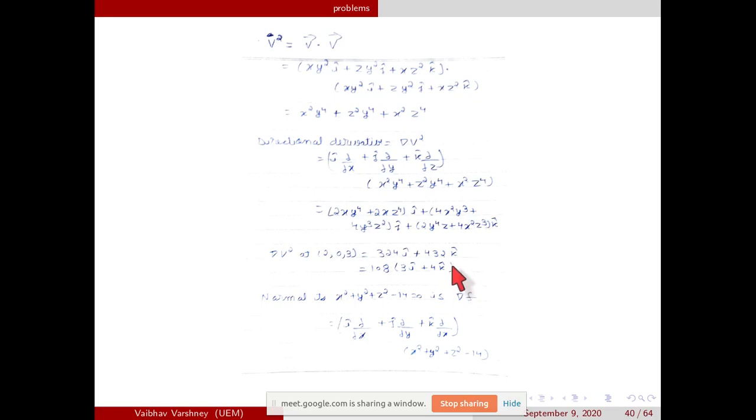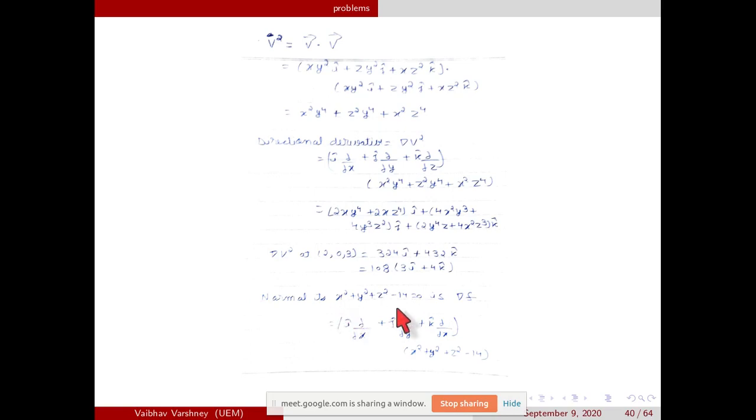So this is the directional derivative of v square, but we have to calculate this in the direction of the outward normal to the sphere, and the equation of the sphere is x square plus y square plus z square is equal to 14. So now we have to calculate the normal to the sphere. The equation of the sphere is x square plus y square plus z square minus 14 equal to 0.